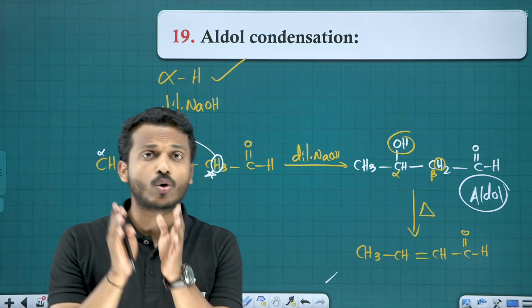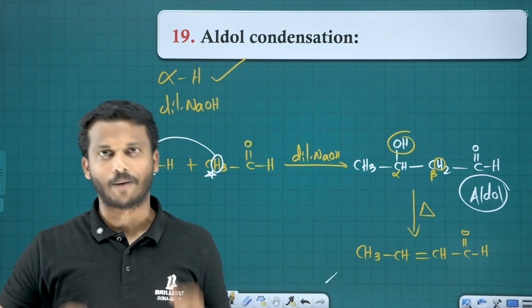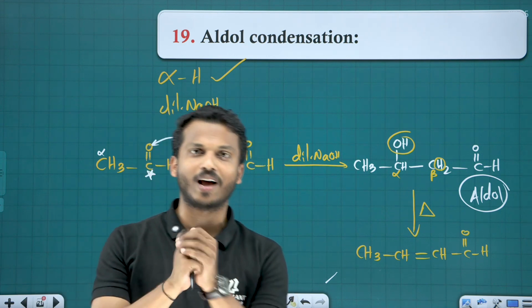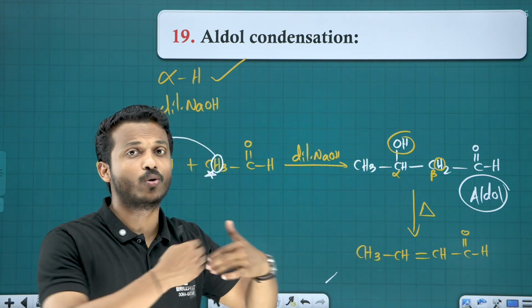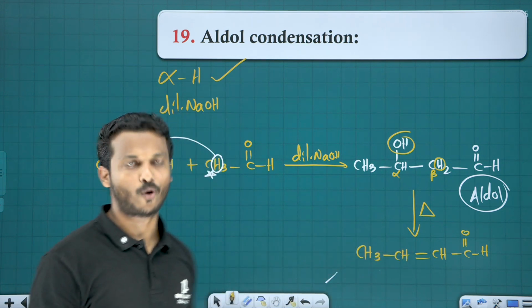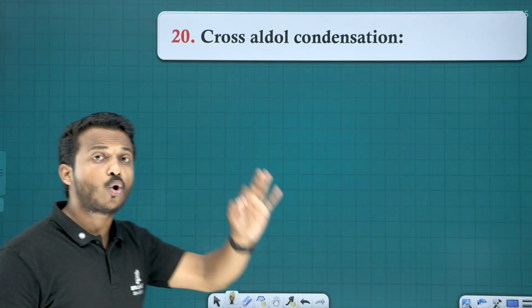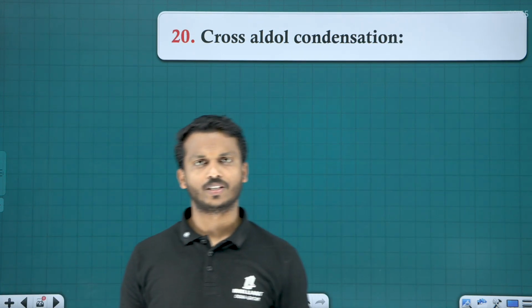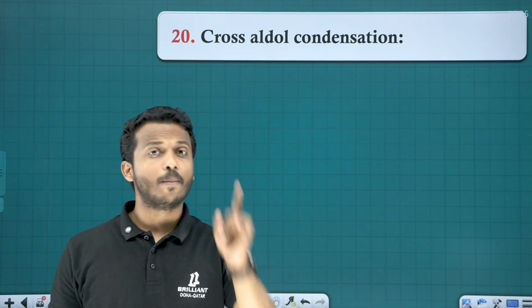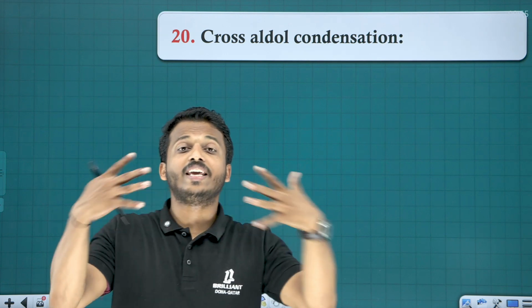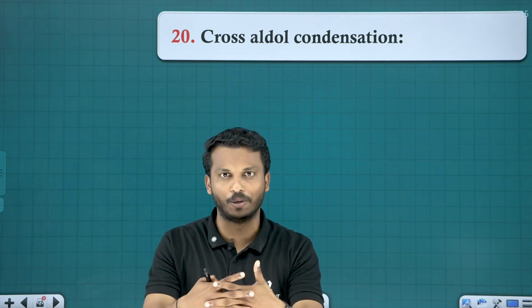When aldehydes or ketones with alpha hydrogen react with dilute alkali, they first form aldol. Once you heat, it undergoes dehydration. You will get the final product. And what do you mean by cross aldol condensation? Same: alpha hydrogen should be there, dilute alkali should be there, but cross aldol means the reaction is between two different species.